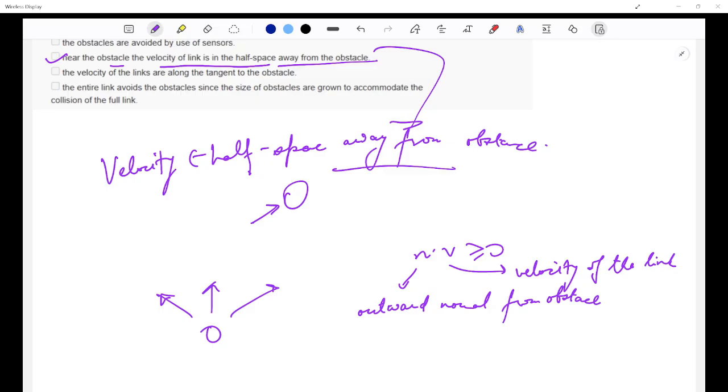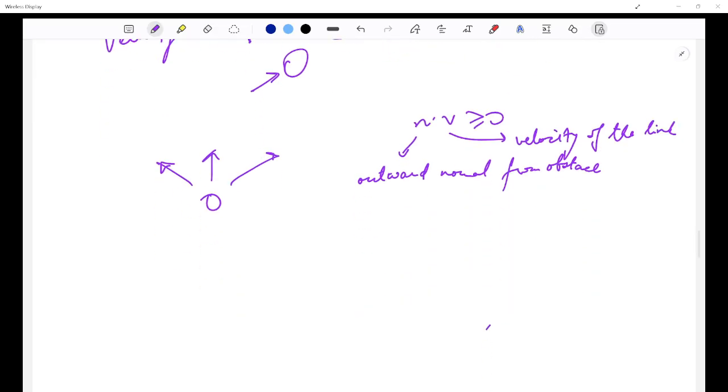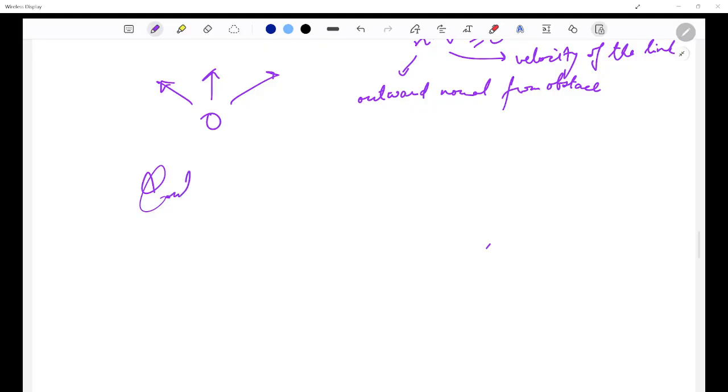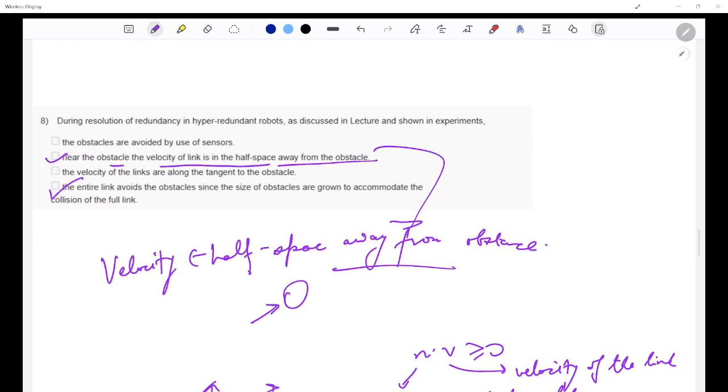This is called the configuration space obstacle expansion. Okay, so option D, which said that the entire link avoids the obstacles since the size of the obstacles are grown to accommodate the collision of the full link, is correct.